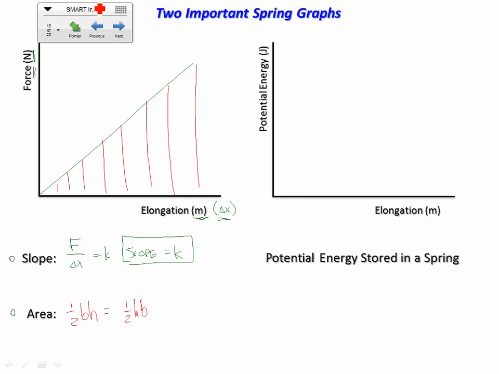That would be 1/2 of F times, well, the base is that.